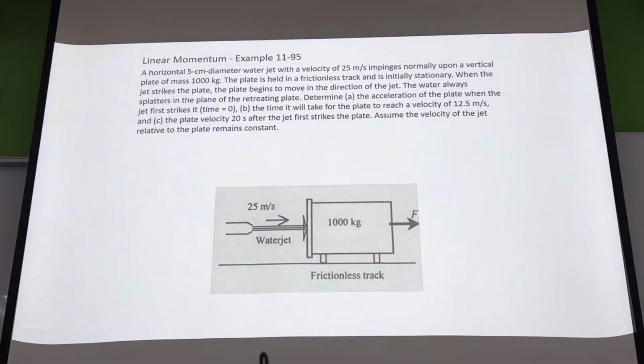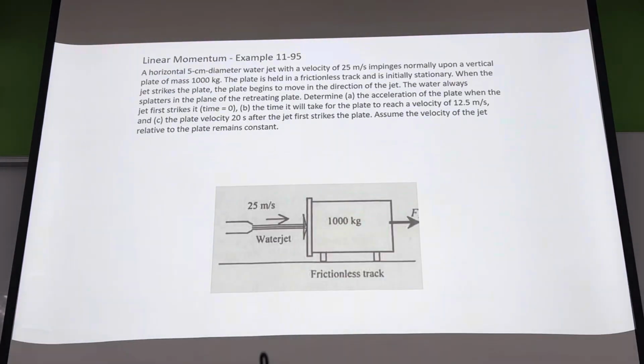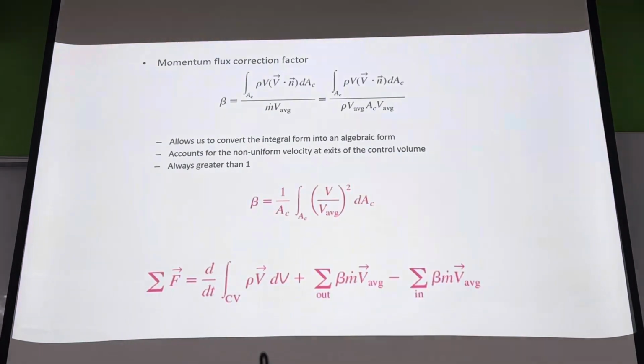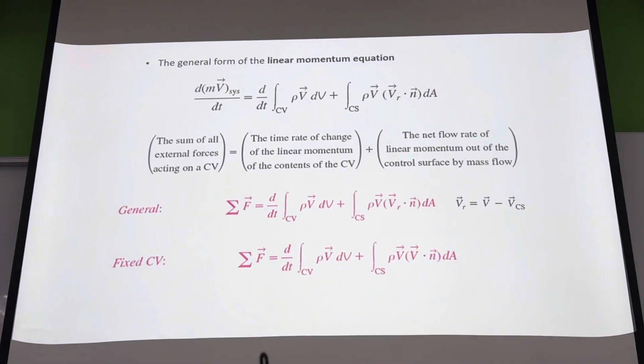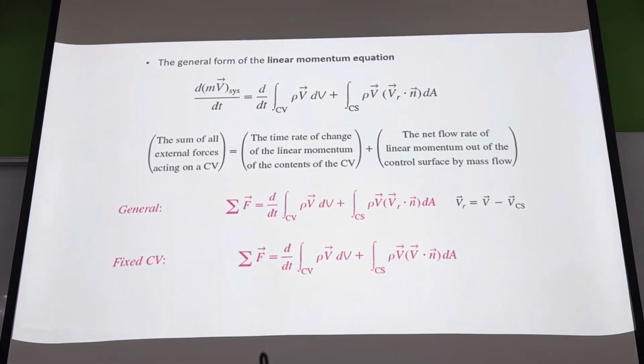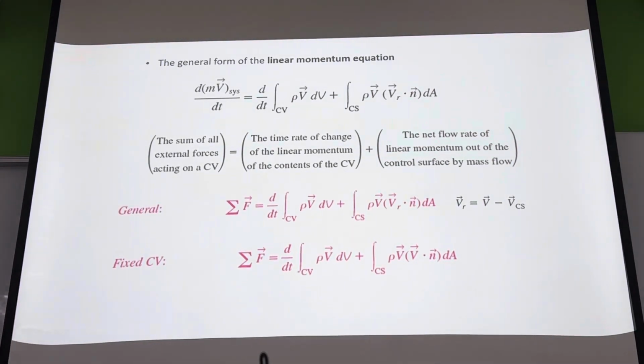We have done this with linear momentum. These equations here are translational, so we're looking at the linear momentum: momentum in the x direction, momentum in the y direction, momentum in the z direction.